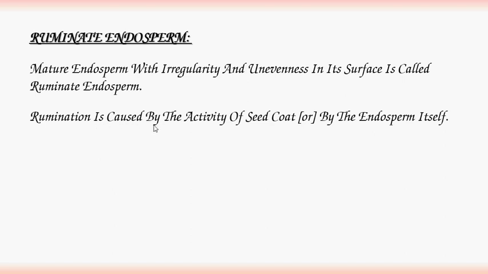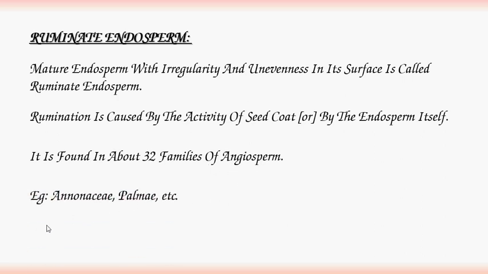Rumination, that means unevenness or irregularity, is caused by the activity of the seed coat or by the endosperm itself. It is found in about 32 families of angiosperms. Examples are Anonaceae and Palmae families.